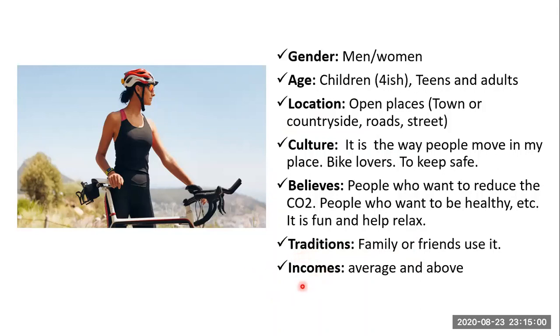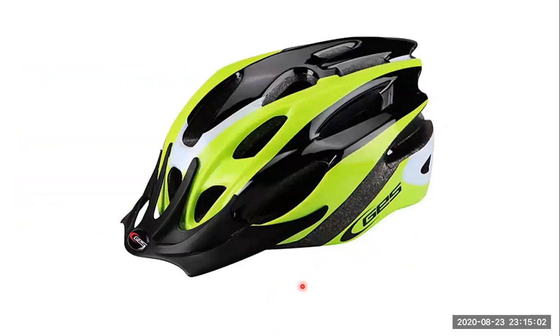And what about incomes? Well, again, if you pay attention to this helmet, you can tell that it's kind of stylish. This is one famous, good brand for this kind of product. So that's telling you something about the price. It's very good quality. It has this little piece to protect from the sun.